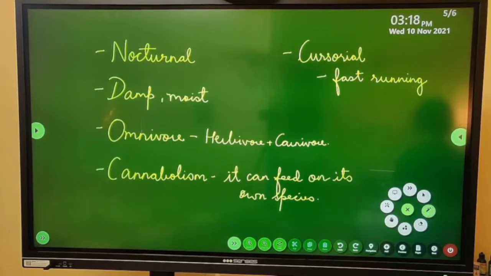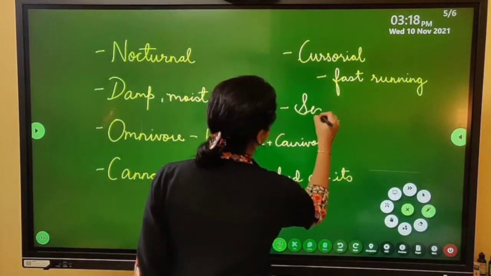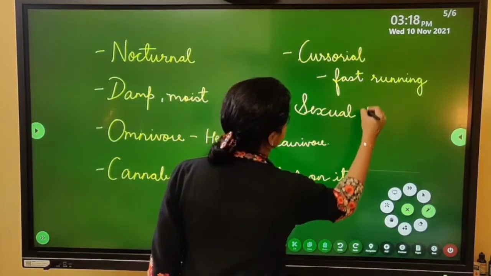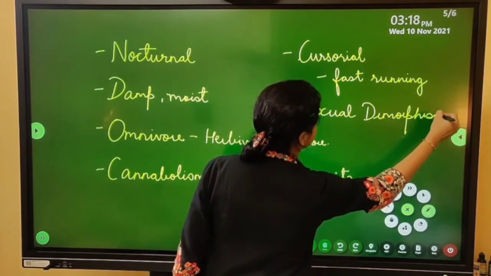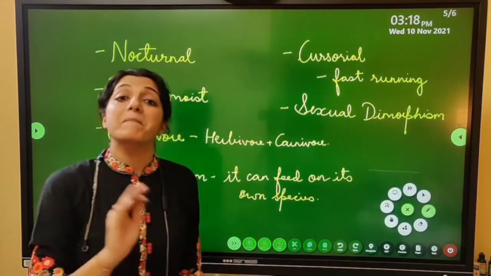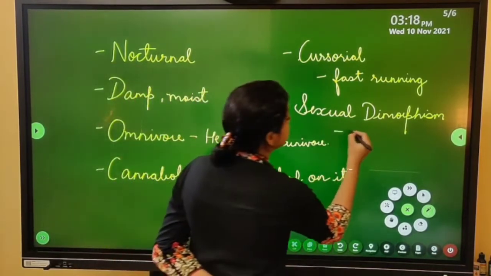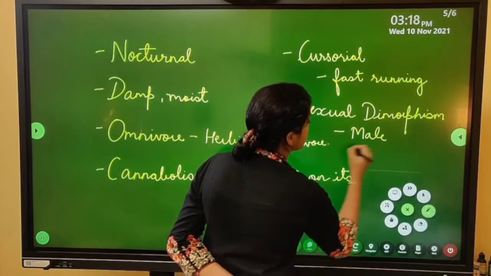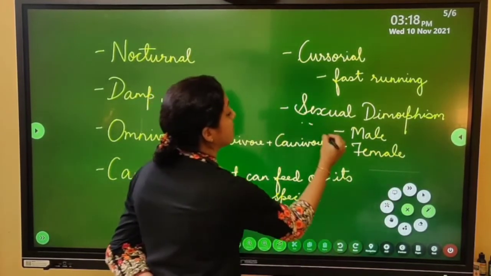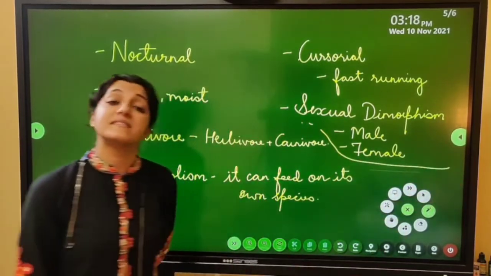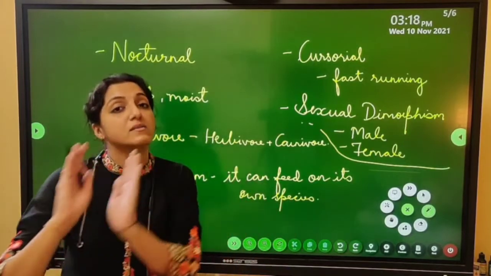It is a cursorial animal. It shows sexual dimorphism. Dimorphism मतलब male and female sexes are separate. You can identify male cockroach and female cockroach. जैसे हम human beings में, we can tell this is the boy, this is the girl.